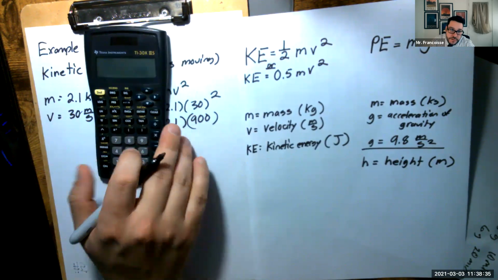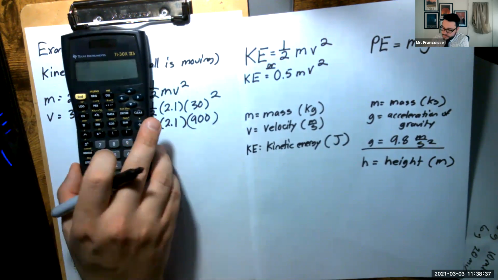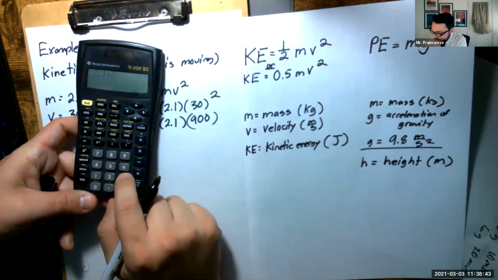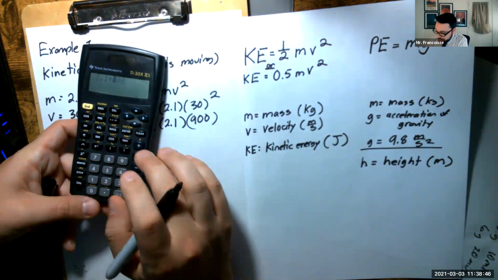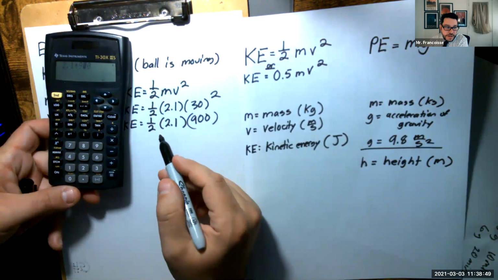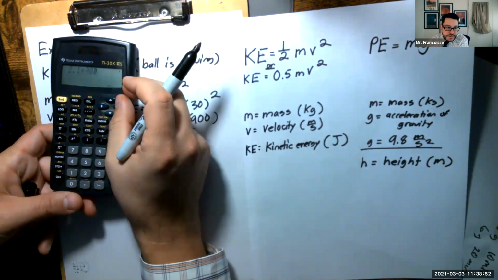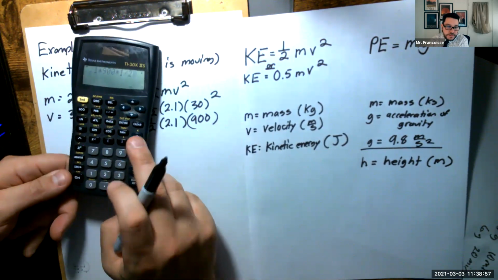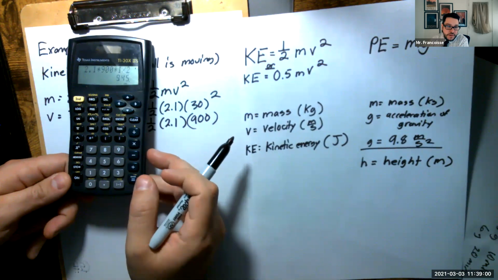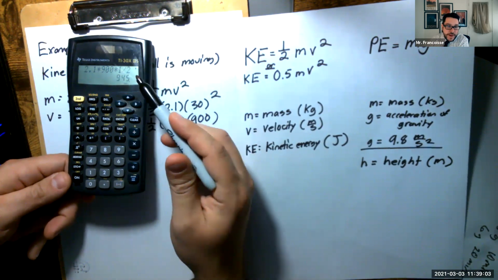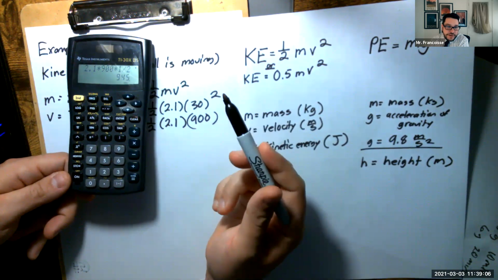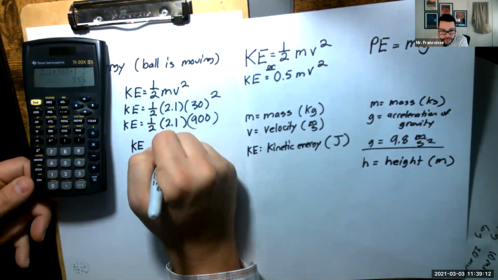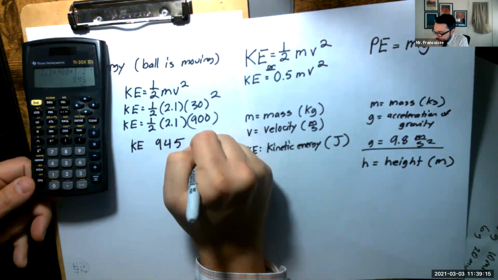So from here, we can do 2.1 times 900. And when we multiply by 1/2, you could do this two different ways. You could multiply times 1 divided by 2, so multiply by 1/2. Or you could just do this divided by 2, because if we multiply by 1, it's not going to change the value. So we should get a kinetic energy of 945 joules is our answer.